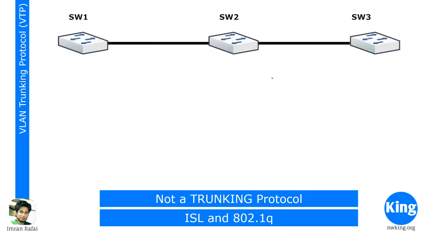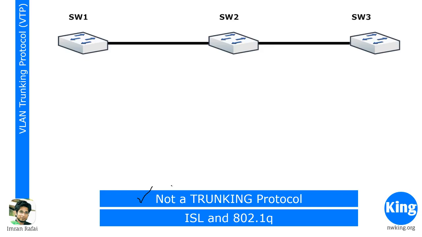Next, we'll look at VTP or VLAN Trunking Protocol. The first thing you should remember is VTP is not a trunking protocol. The name is misleading. It says VLAN Trunking Protocol, but VLAN Trunking Protocol is not a trunking protocol, right?